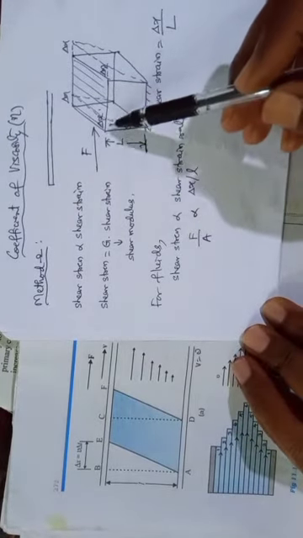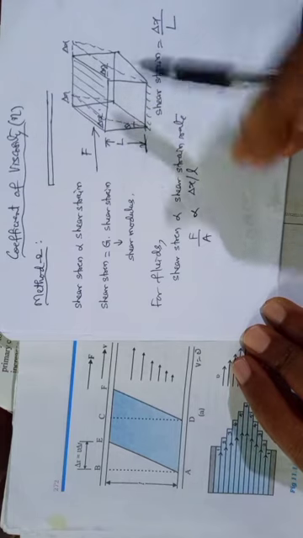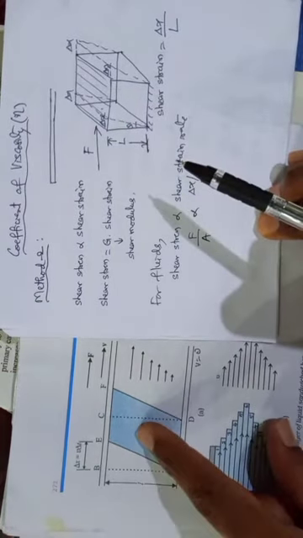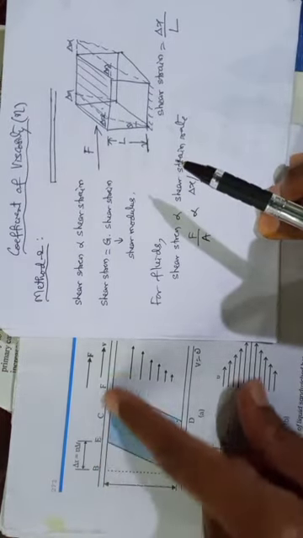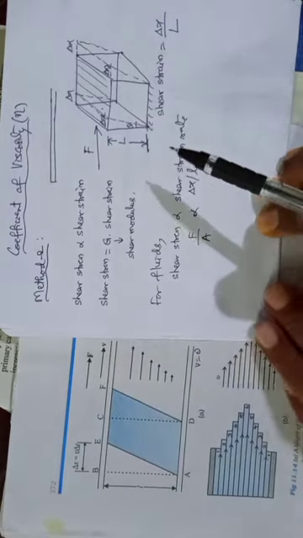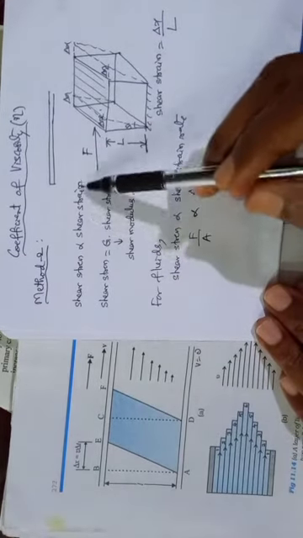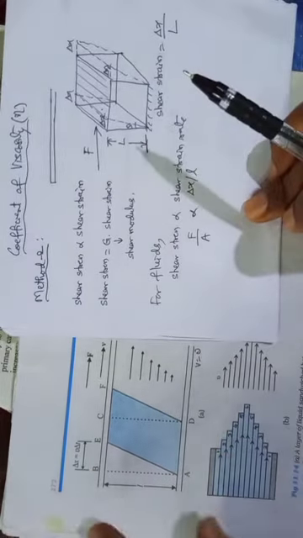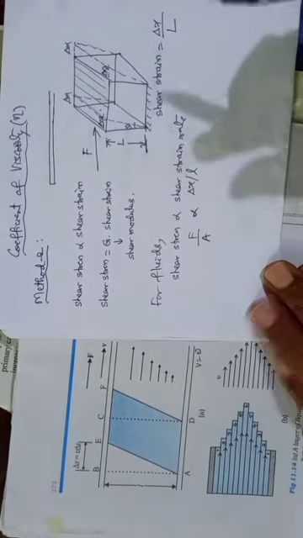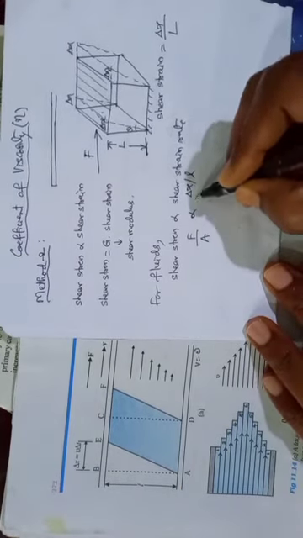For solids, this displacement is fixed, but for fluids, this displacement increases with time. Therefore, instead of shear strain, we take shear strain rate. Shear strain means delta x by L, and rate means this divided by time.